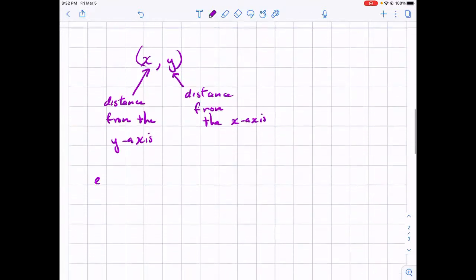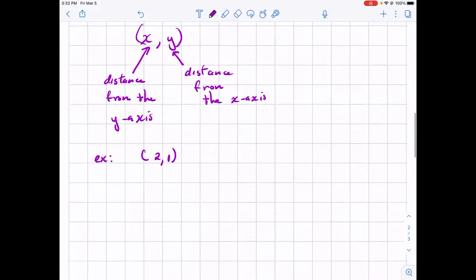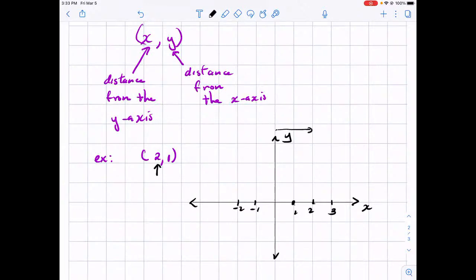So what does that mean? For example, if we have the point 2, comma 1, and I draw the Cartesian plane here, it means that we have 2 units from the y-axis. So if this is the y-axis, and I put some numbers in here, it means I'm going from here this way, 2 units.